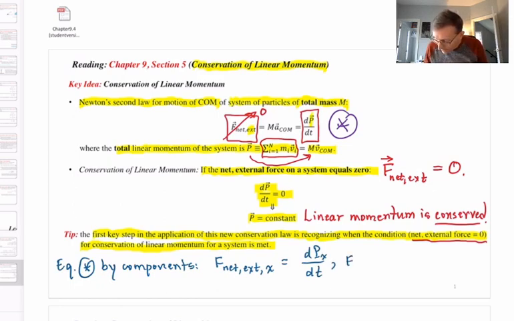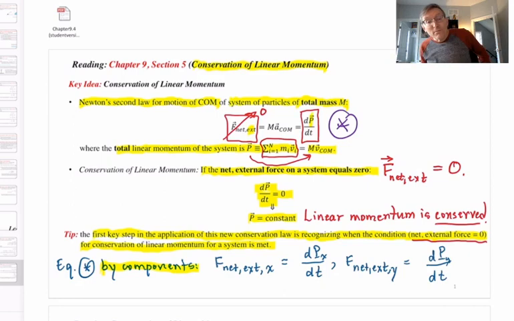And F net external y component equals rate of change of y component of total linear momentum. And of course z too, but you get the idea. It needs to be applied, equation star, by components. That's always how we deal with vectors in this class.